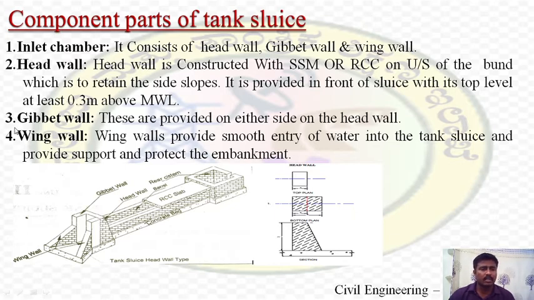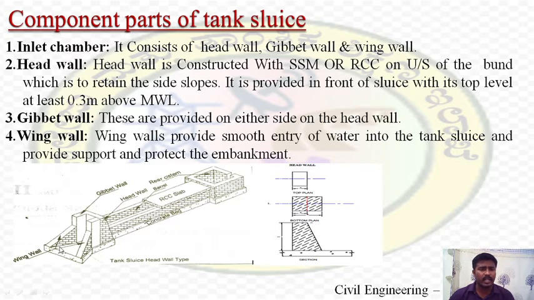Next, the gibbet wall. Here, this is called a gibbet wall. Gibbet walls are attached to the head wall and should be constructed on either side of the head wall. These also have rectangular end sections. Next component, the wing wall.